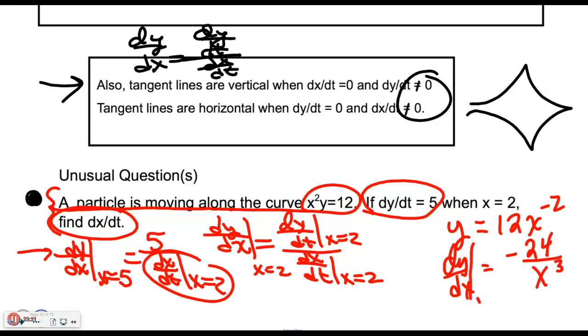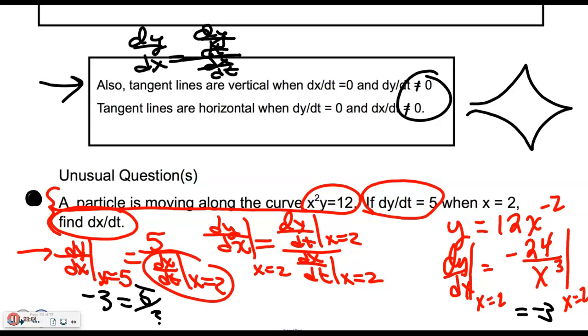When x is equal to 2. I'm just walking through. I haven't done this problem for a year either. What do I know? How are these things related? When I put in a 2, I get negative 24 over 8. So it looks like it will equal negative 3. Not x, dy/dx. So now I have negative 3 equals 5 over my unknown. Correct? So what's my dx/dt? Negative 5/3. Does that make sense?